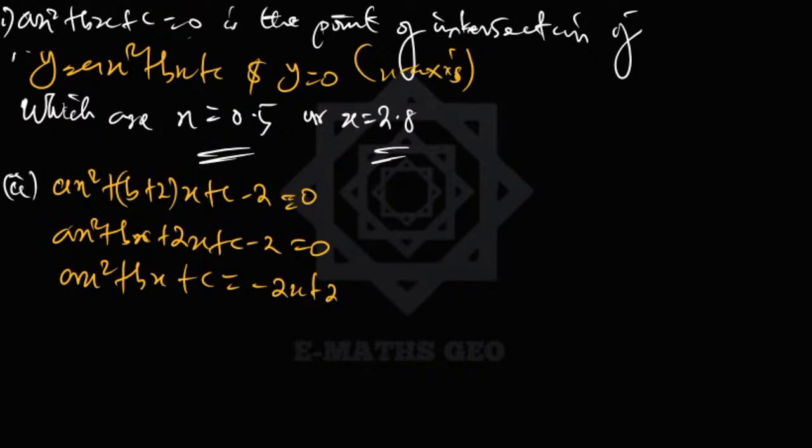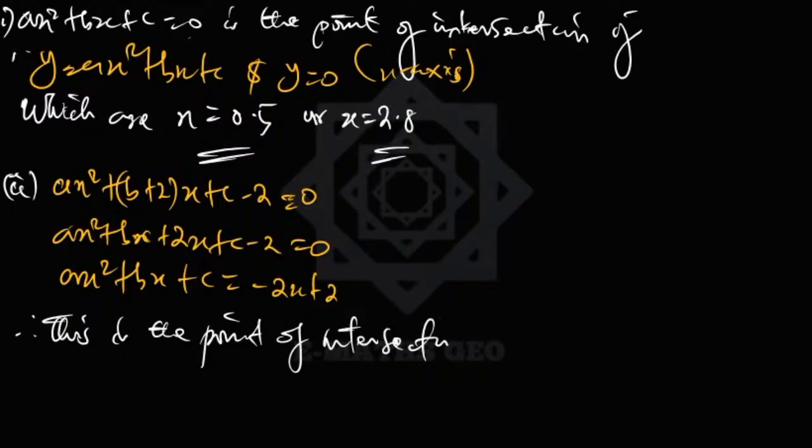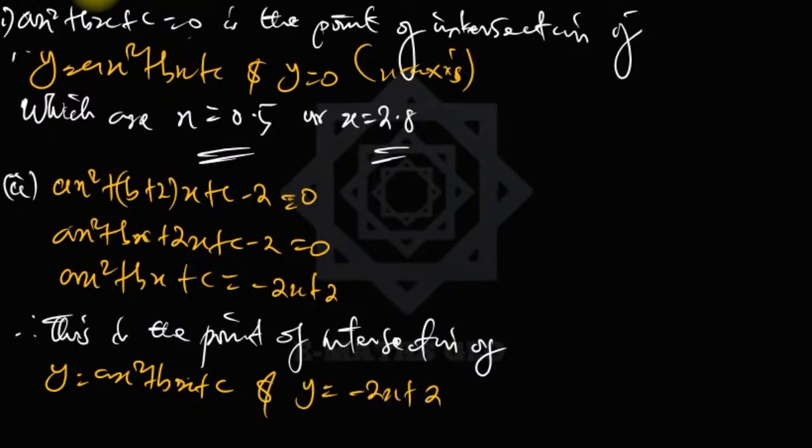So what's the meaning of this? Okay, this is the point of intersection of the first curve, which is the one we plotted already, and y equals minus 2x plus 2. But we need to graph.